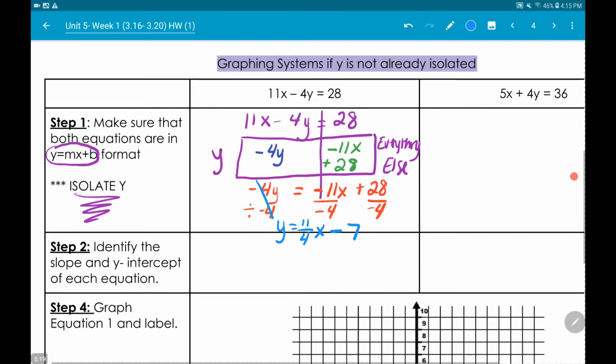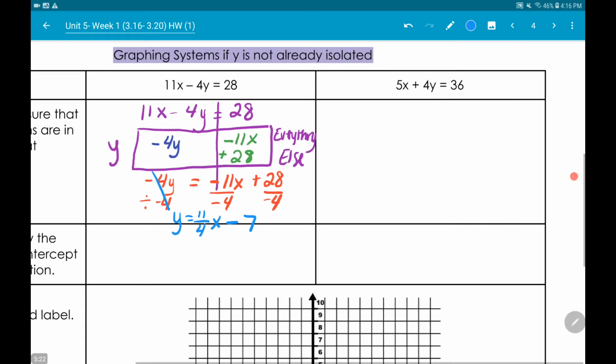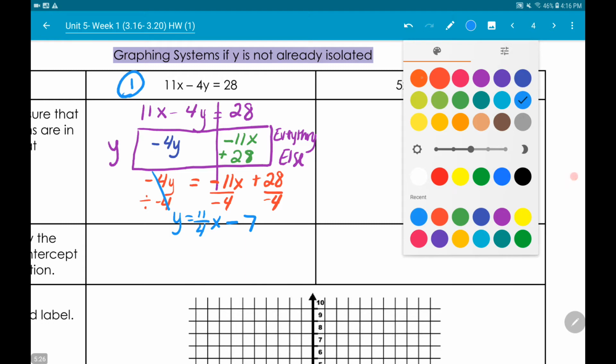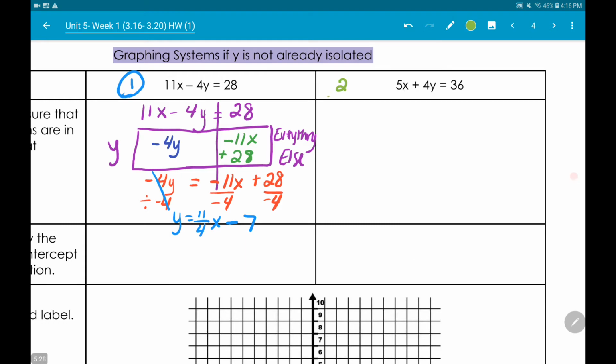Okay, number 2, the second. So this is equation number 1. And then we're going to have equation number 2. And we're going to do the same procedure. First, bring it down. 5x plus 4y equals 36. I'm going to go ahead and make the solving square and separate our terms.